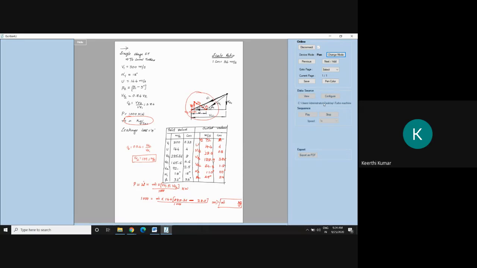I'll write a note just for your understanding. VU2 will be negative. What is the reason it is negative? Because the outlet velocity triangle went inside.